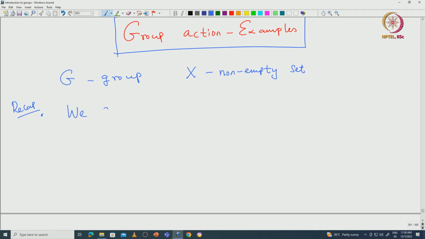We say G is acting on the set X via this tau, if this tau is a group homomorphism from G to Sx. Okay. So, we use this shorthand notation.